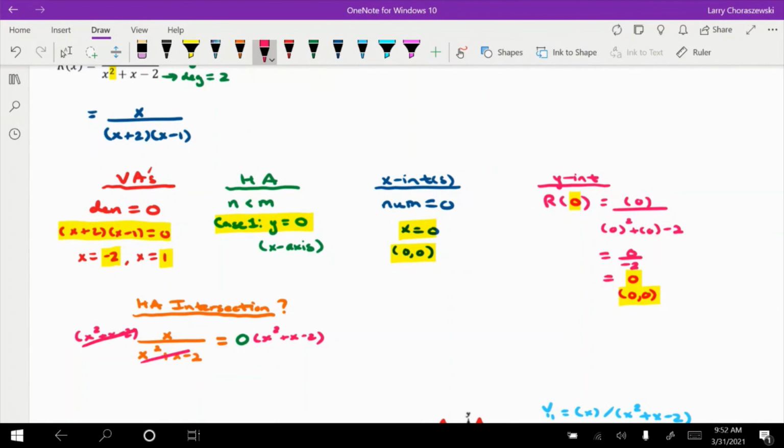We get canceling on the left with x left over. And then 0 times anything is still 0. And so there is an intersection of the graph with the horizontal asymptote, and that would be at 0, which is our answer, and then 0, which is the value of the horizontal asymptote. So lots of things happening at the origin for us, it seems.